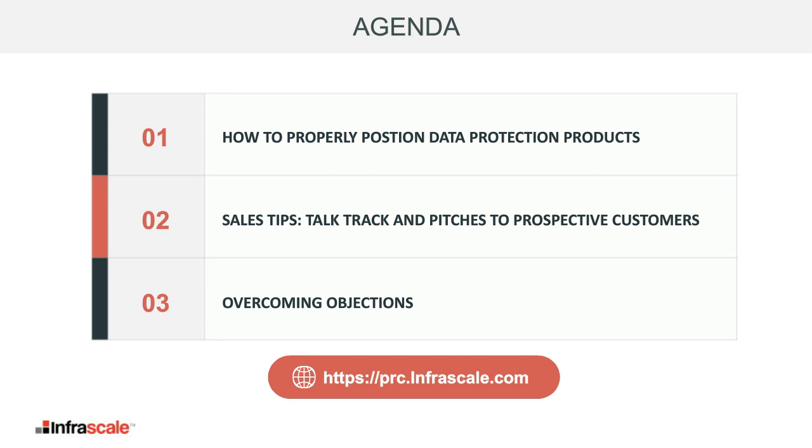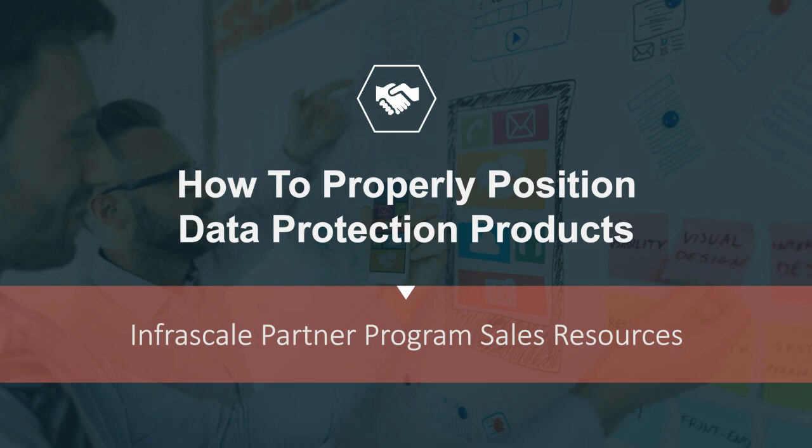And then we're going to give you a talk track and some pitches that you can leverage with prospective customers utilizing those terms. And lastly, something we all have to do on a regular basis, we're going to show you how we can overcome objections, specifically around the most important objection that we typically see from our small business customers, and that is around price.